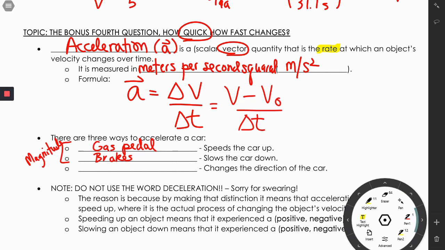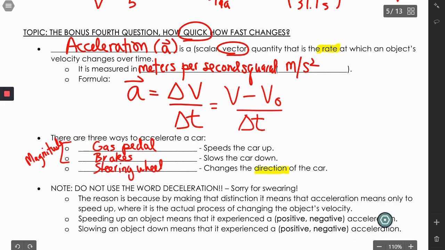And then finally, when we want to change the direction, we're going to use the steering wheel. The only way in a car to change the direction is to steer the car. And if you're taking a turn, you should slow the car down and then turn the car.